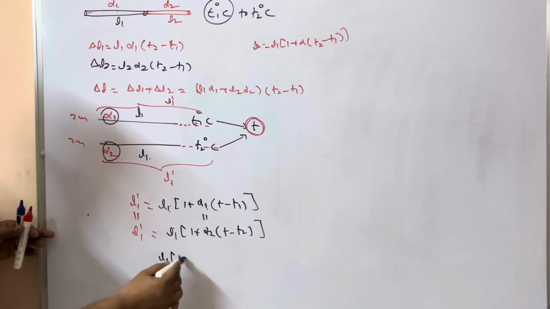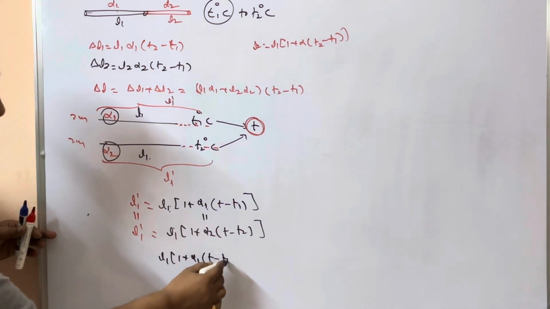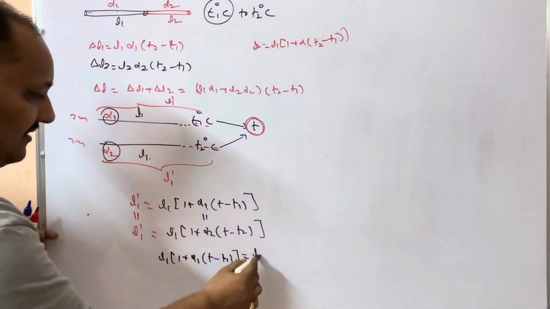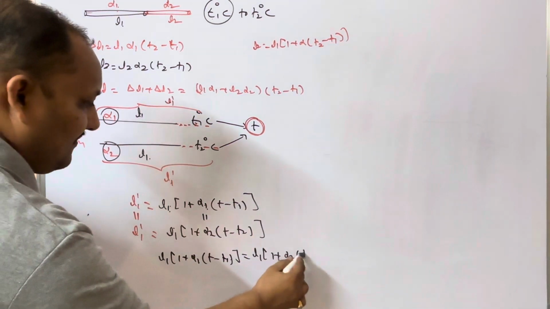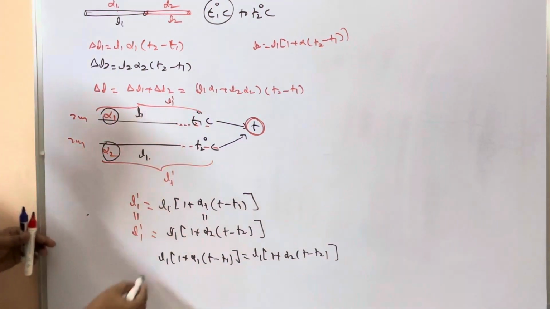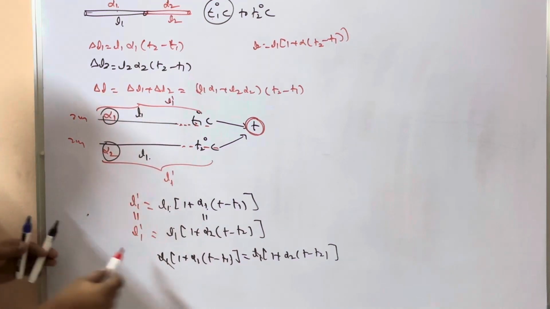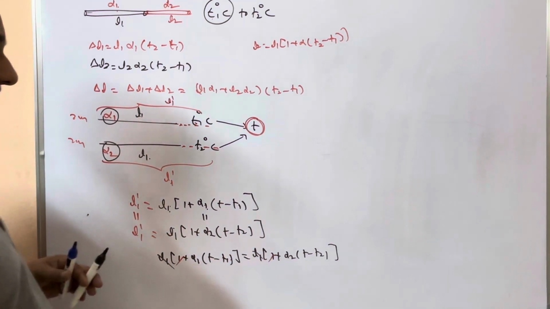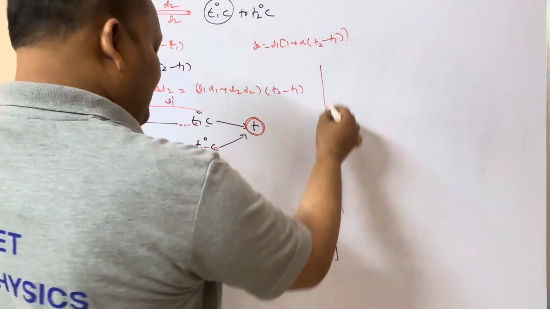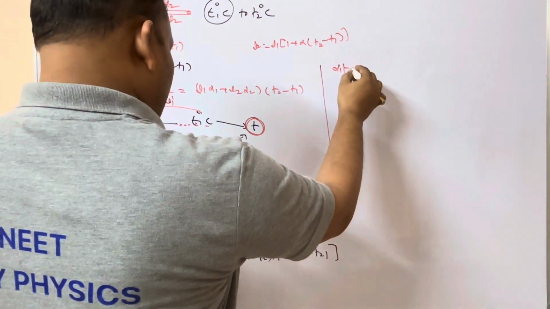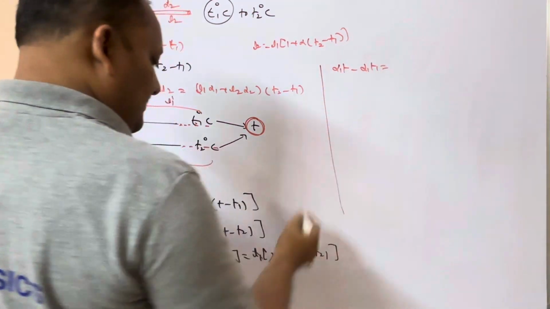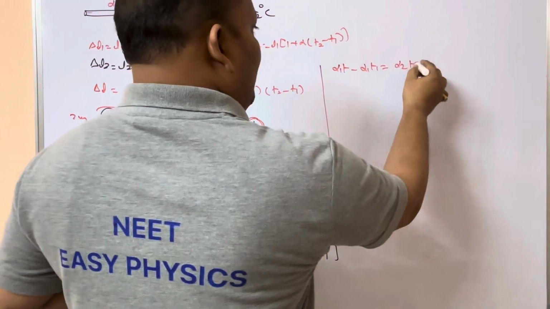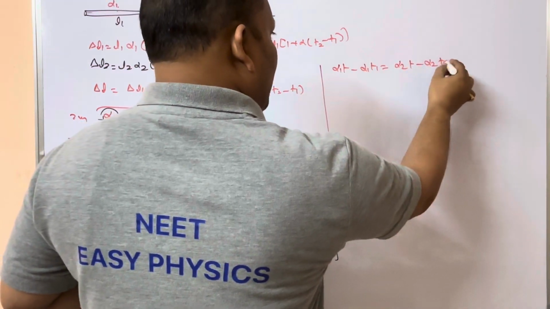So L1 into 1 plus alpha 1 T minus T1 is equal to L1 into 1 plus alpha 2 T minus T2. So L1 will be cancelled. So 1 also will be cancelled. Therefore, the final equation: alpha 1 T minus alpha 1 T1 is equal to alpha 2 T minus alpha 2 T2.